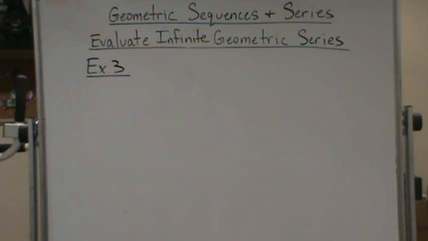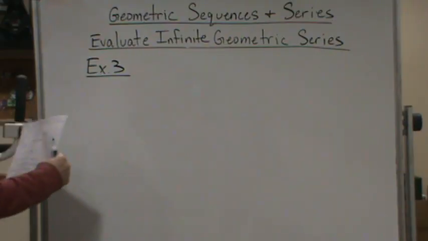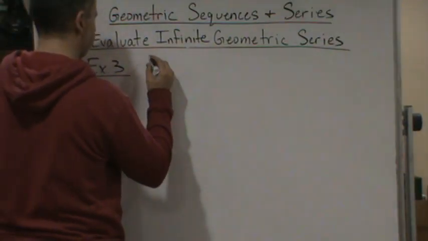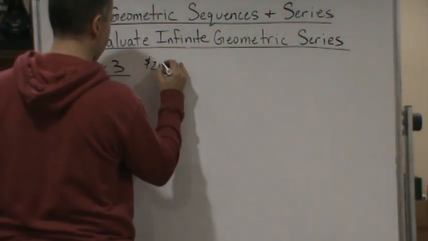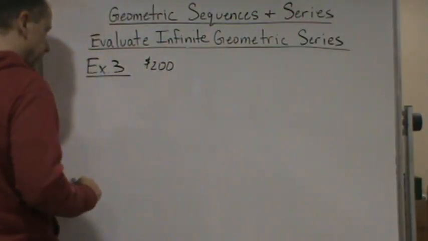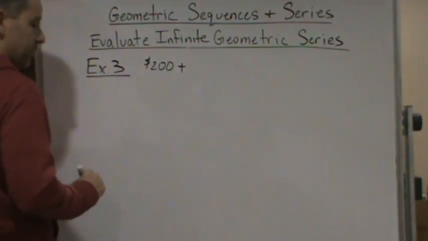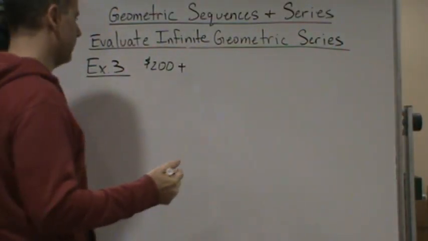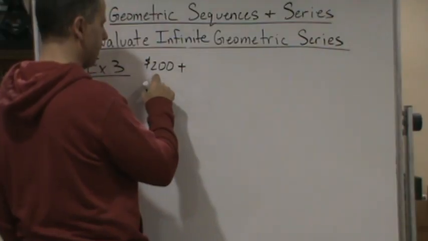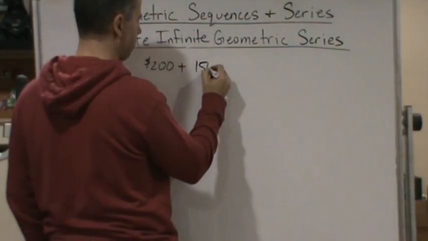So let's represent that as a problem. So here we go. What that means is we start with 200 million, right? And then what happens? They respend 75% of that. So 75% of 200 is 150.